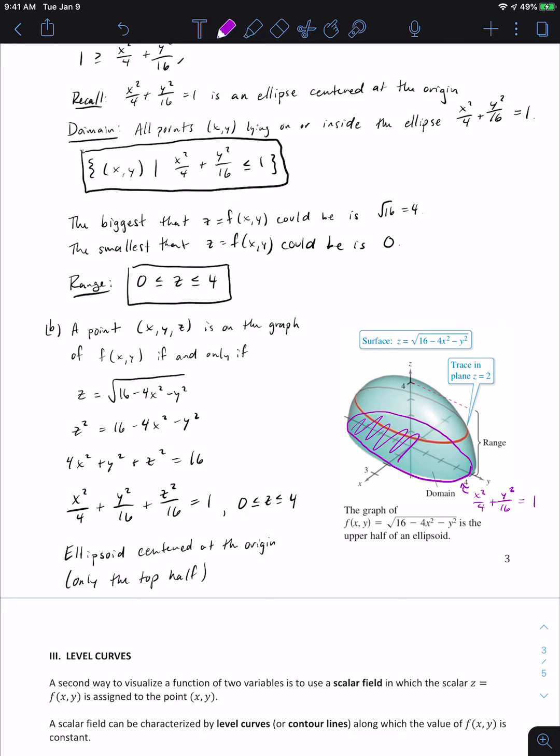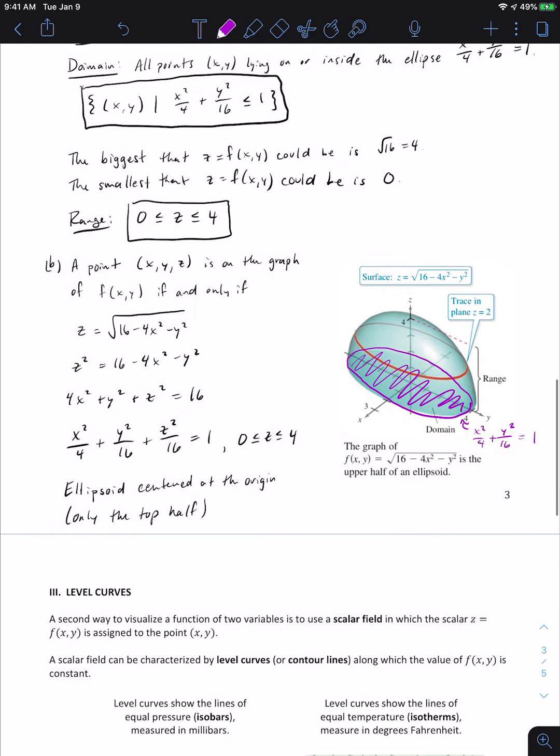Everybody that lies inside of that or on that is my domain. And then the whole shape that's colored in there that's blue is my range. All that's colored in there creates this three-dimensional surface, which is an ellipsoid, the upper half of an ellipsoid.